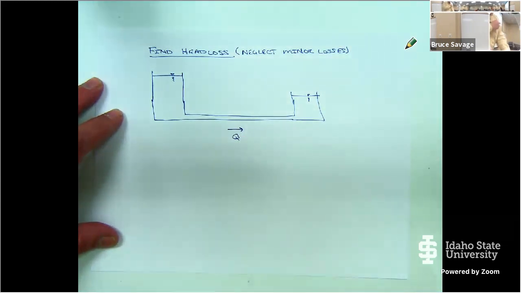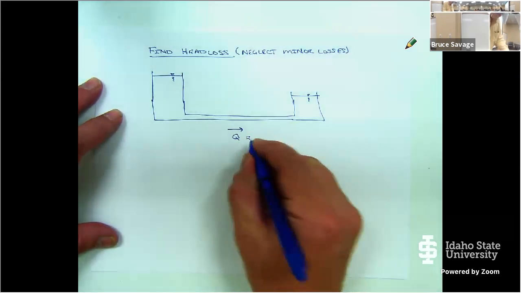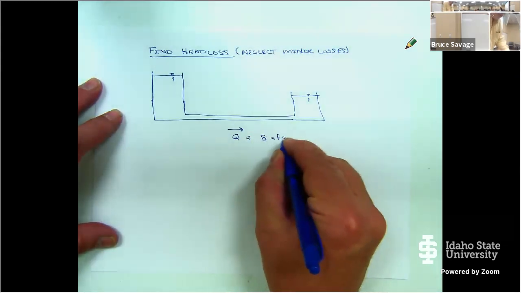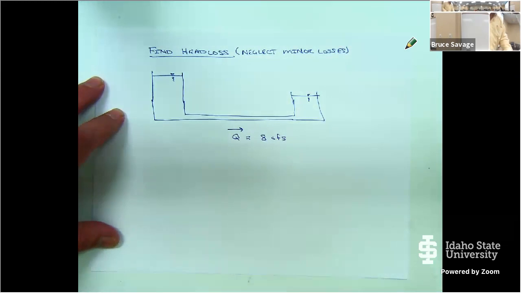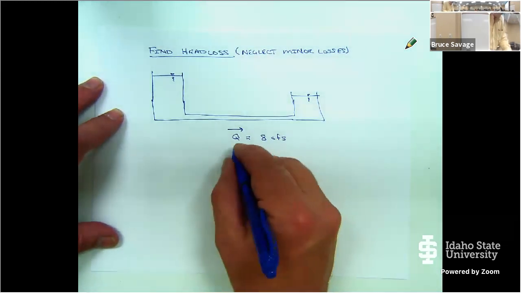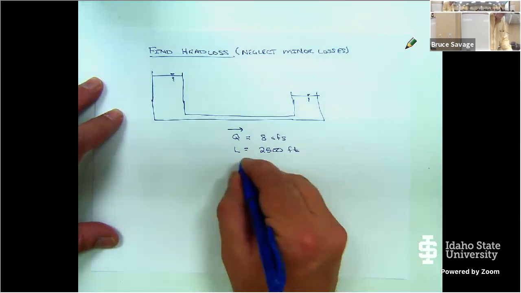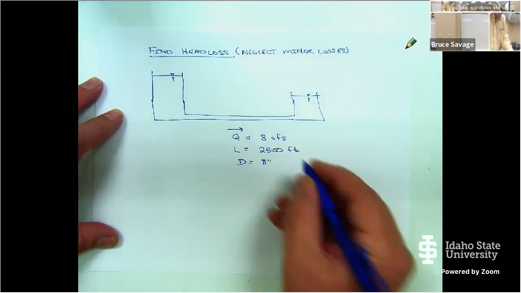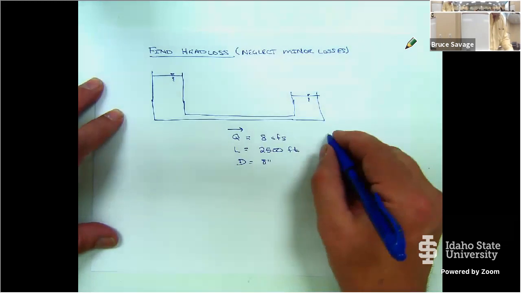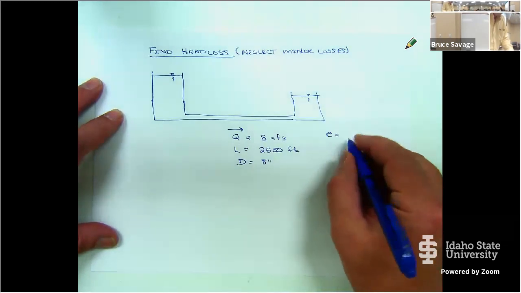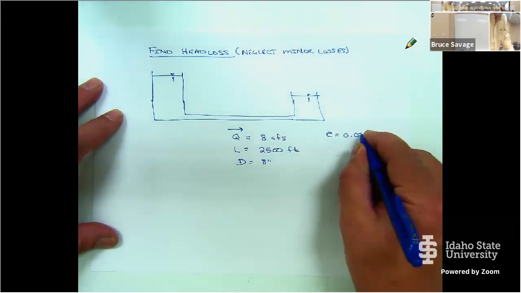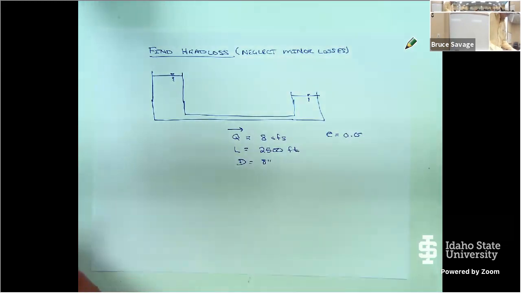So in this particular scenario, we know that we have a flow going through here, and we know the flow rate. So let's say Q is equal to, I don't know, 8 cubic feet per second. We're going to say the length of our pipe is 2,500 feet long. And we're going to say the diameter is 8 inches. All right. And we're going to say that the relative roughness height is... well, let's look at what we have here.